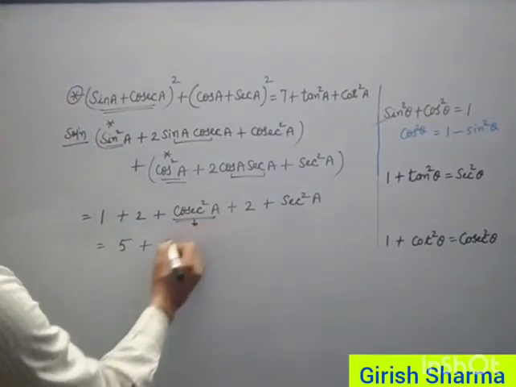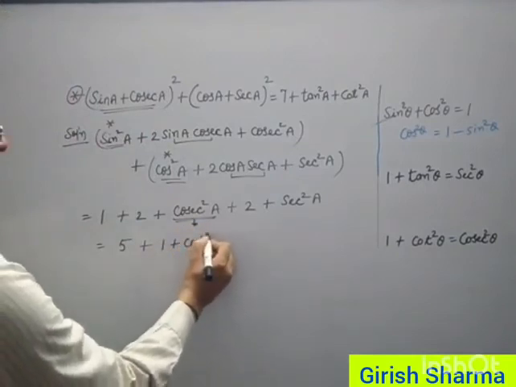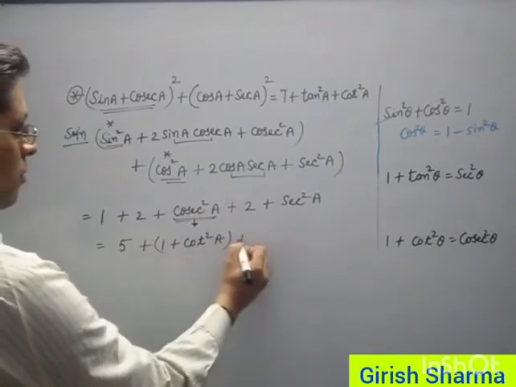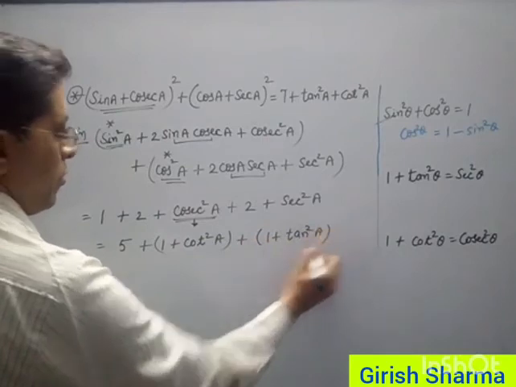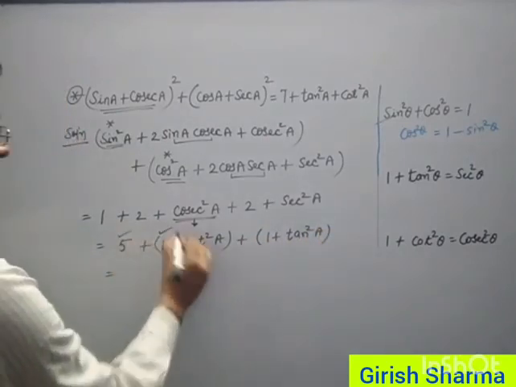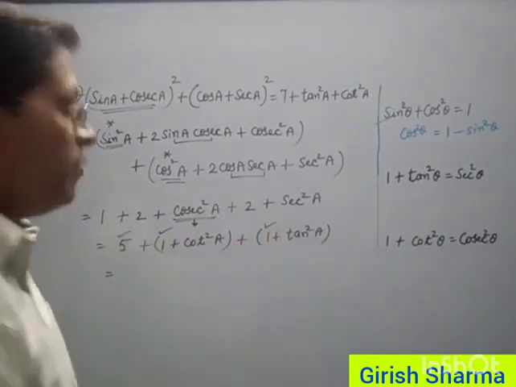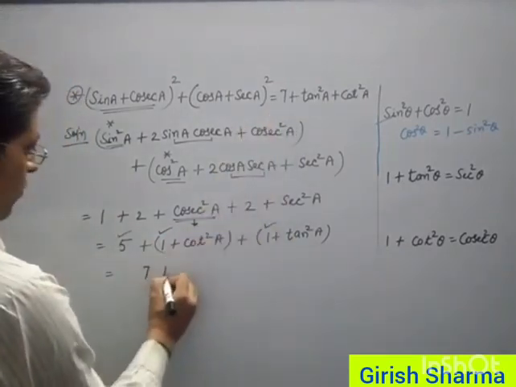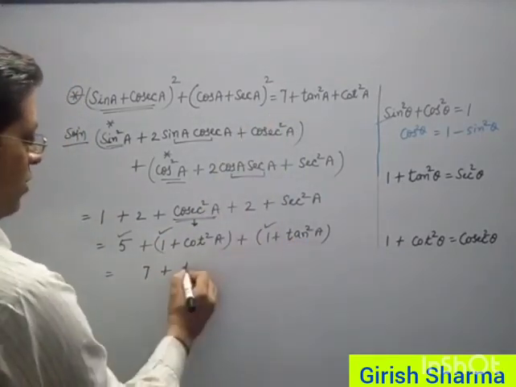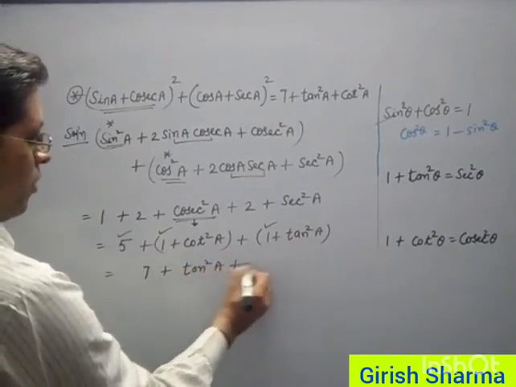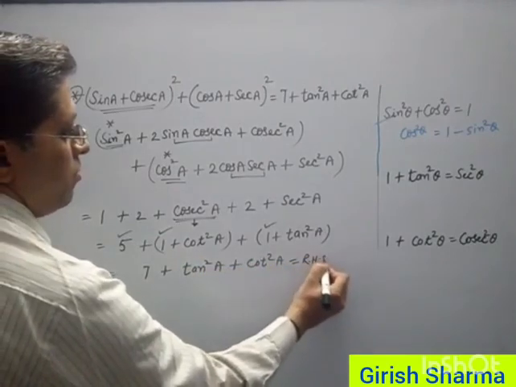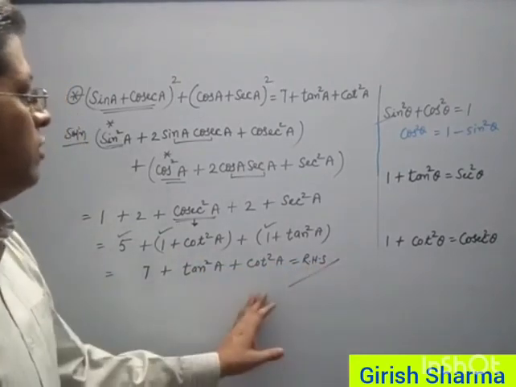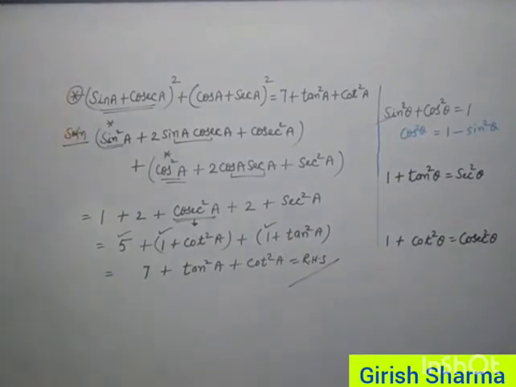So in place of this I am writing 1 plus cot square A. And here 1 plus tan square A. So 5 plus 1, 6, and plus 1, 7. 7 only we want here. 7 plus tan square A, tan square A plus cot square A is cot square A. This is your RHS. Okay, like this you can easily get this LHS is equal to RHS. One more good question.